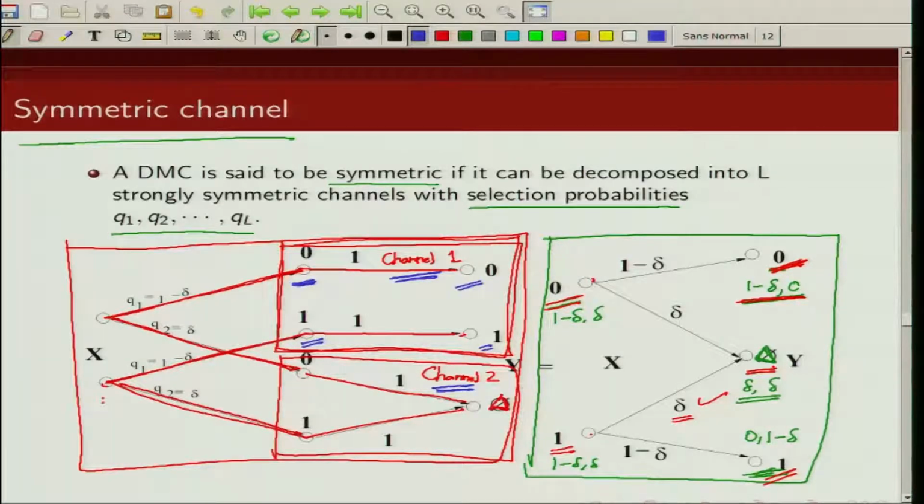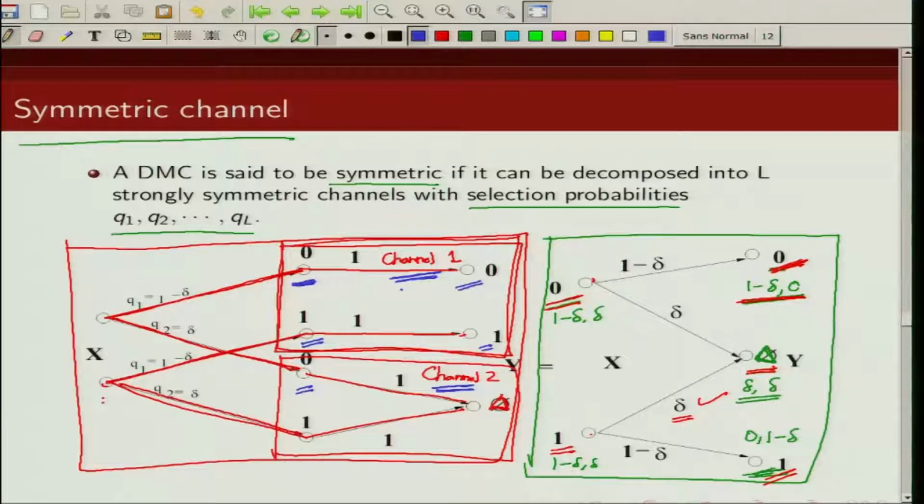Similarly channel 2 is obviously uniformly focusing because there is only one output, and it is uniformly dispersive also because the probabilities are 1 and 0 when arranged in decreasing order. So channel 1 and channel 2 individually are strongly symmetric channels, and you can think of it as selecting channel 1 with probability 1 minus delta and channel 2 with probability delta.